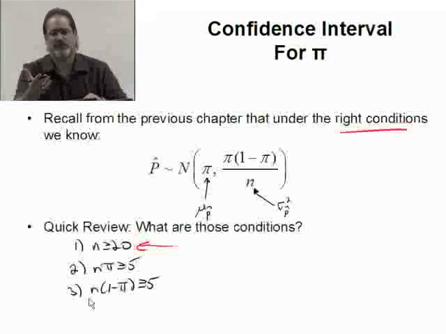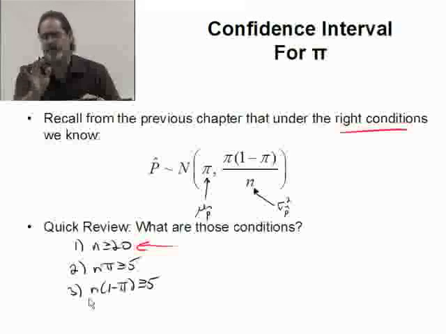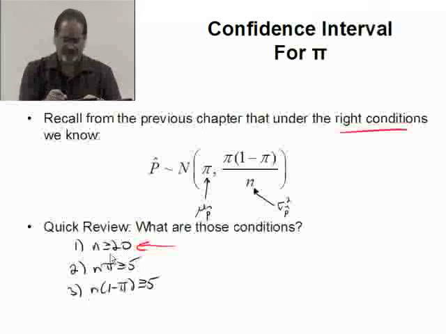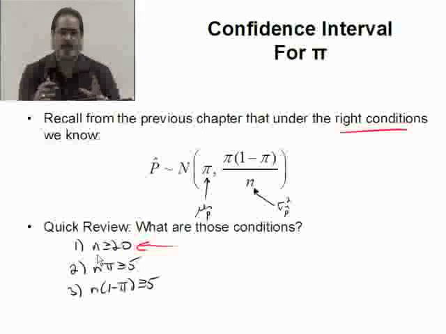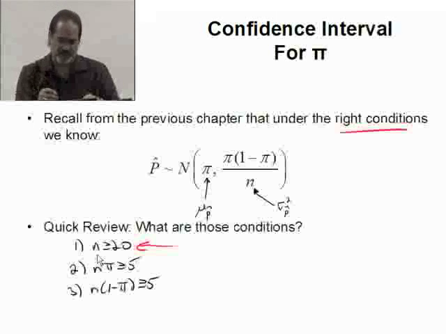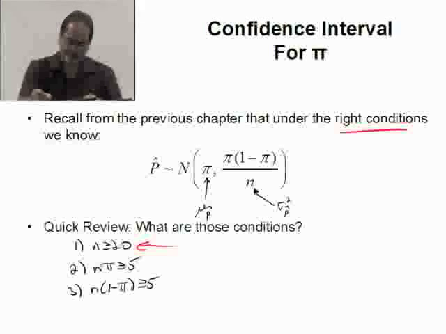Well, I'm not going to go into justification why that's so, but I do want to point out that is my opinion, and that's the way I teach my students. You should probably check with your professor because they may feel that n at least 20 is an important criteria, and they want to make sure that you address it. So make sure you check with the professor and see what they think about that. Under these conditions, we can say that this assumption that p hat is normal is a reasonable thing to assume.